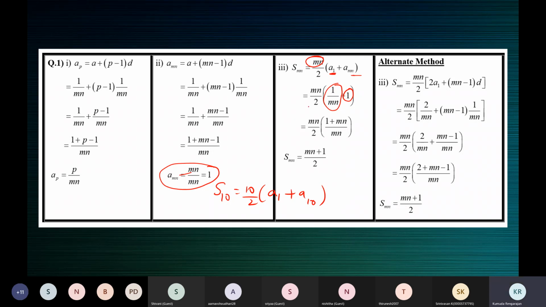So mn by 2, and in the bracket take the common denominator. Mn is a common denominator. So you get 1 plus mn by mn. Mn and mn get cancelled. So 1 plus mn by 2, or mn plus 1 by 2.